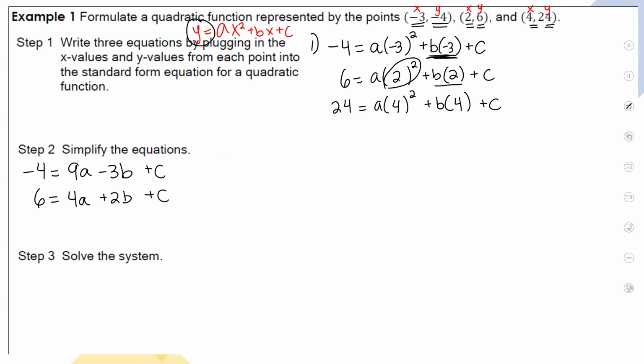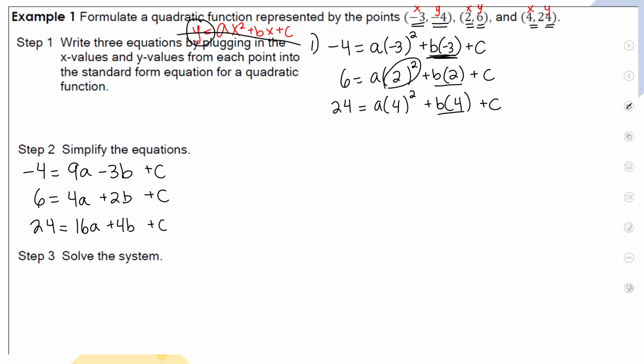And then my final equation will be 24 equals 4 squared is 16, so this will be 16a. B times 4 is just 4b, and then plus c. Okay, so far all we did was plug in all 3 points into the standard form. And then we simplified it.